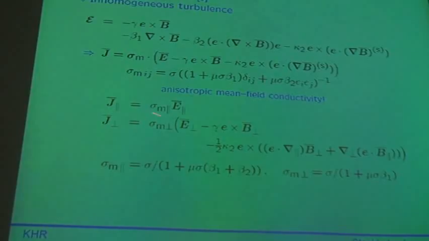And when you consider then Ohm's law, or split it into components in the direction of the intensity gradient, parallel or perpendicular to it, you have this simple form of Ohm's law for the components parallel, and you have a bit more complicated form for the components perpendicular to it.